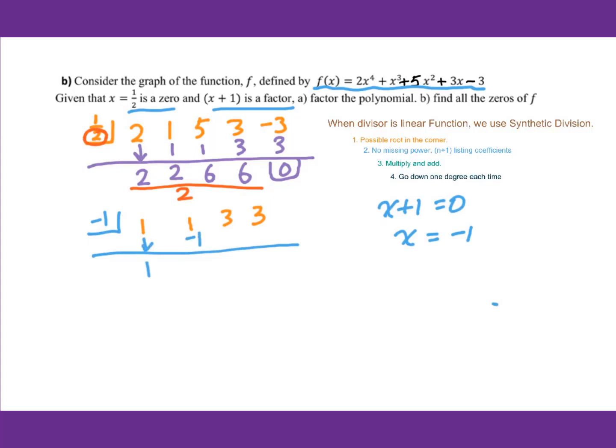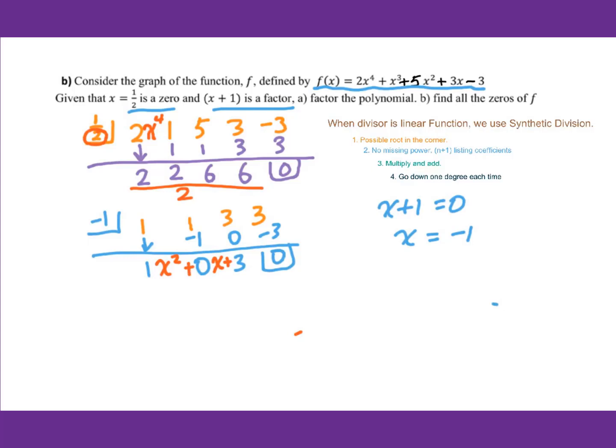Multiply by -1. 0. Multiply 0. 3. -3. We got 0. Then check the leading term, x to the 4th power. Since we did synthetic division twice, therefore we got x squared, x, and a constant number.